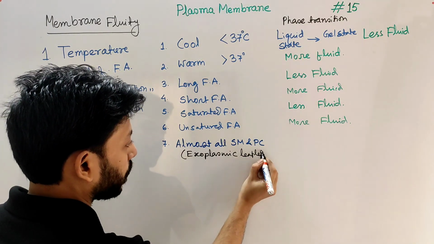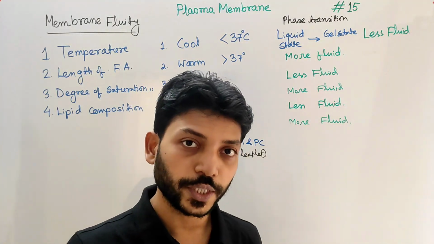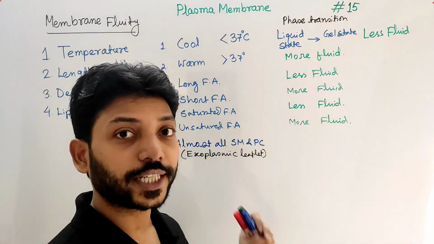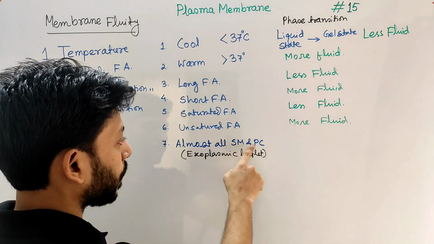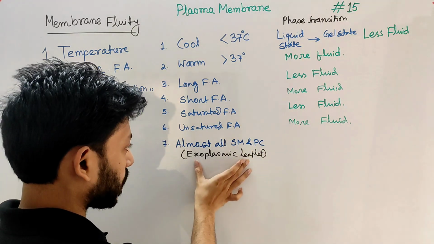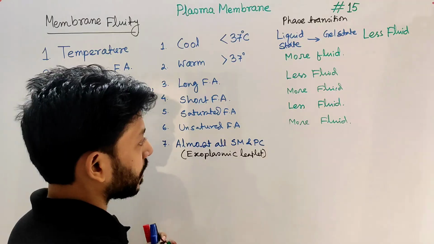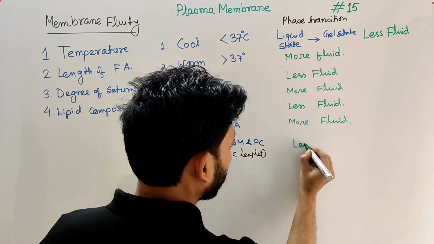If you have watched my previous video, you know that there are two layers of lipid molecules present in the plasma membrane. The outer layer is called the exoplasmic leaflet and the inner layer is called the cytosolic leaflet. So almost all sphingomyelin and phosphatidylcholine are present in the exoplasmic leaflet, that means the outer leaflet, and this makes the outer layer of the plasma membrane less fluid.